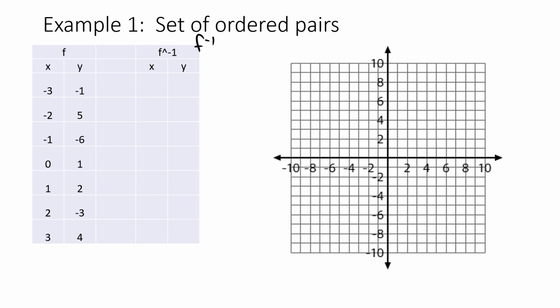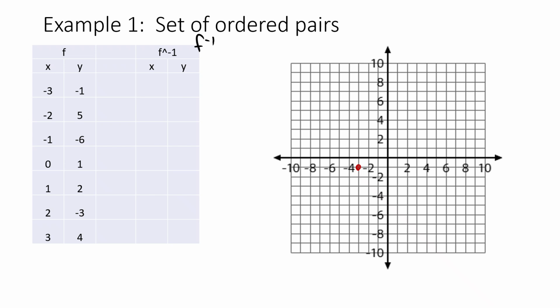What I'm going to do here is start by plotting this set of points, but we'll go in phases. Using my red pen, my function f has the point -3, -1. So I'm going to come over here to -3 and -1 and put a dot right there for that.